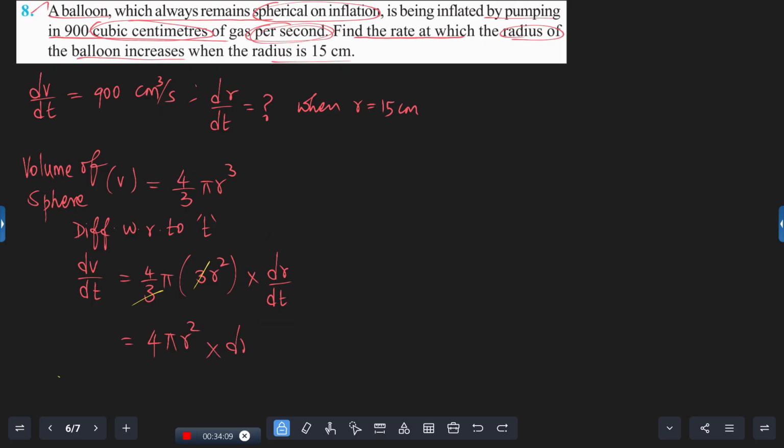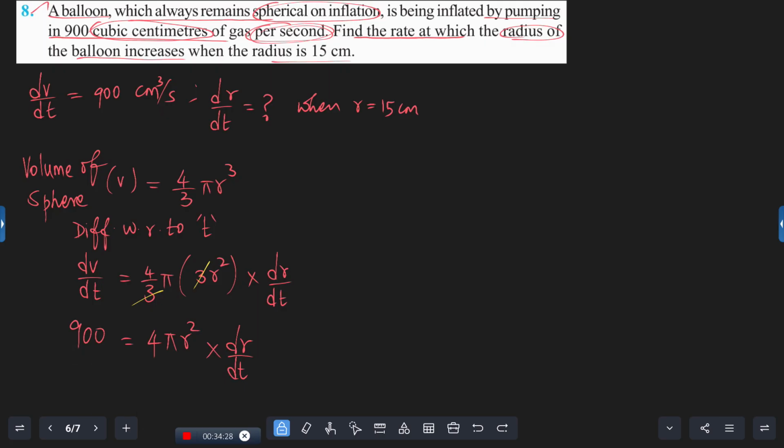We only have to find dr by dt, so let it be as it is. But dV by dt is given, 900 centimeter cube, so let it be 900. Now substitute whatever we know.